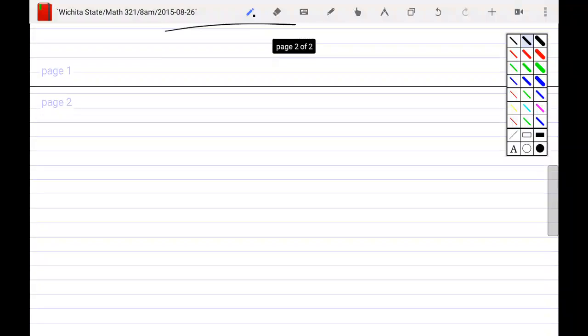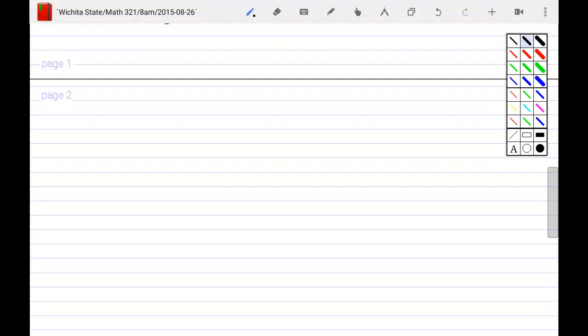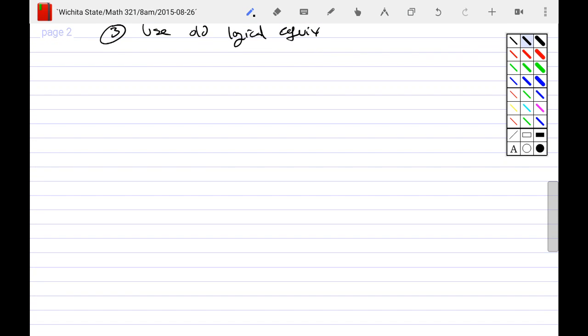All right, and then again, the third way of doing this is the idea of just simply using old logical equivalencies. And that would be, again, that implication. You know, P implies Q. Actually, let's do this one. Not of P implies Q is logically the same thing as not of not P or Q. What did that use?